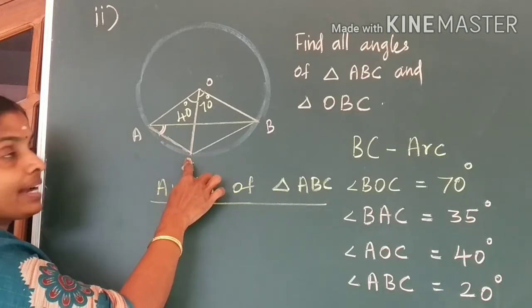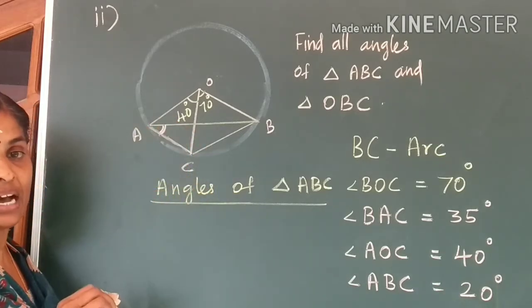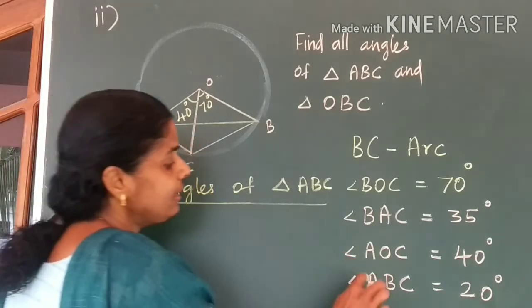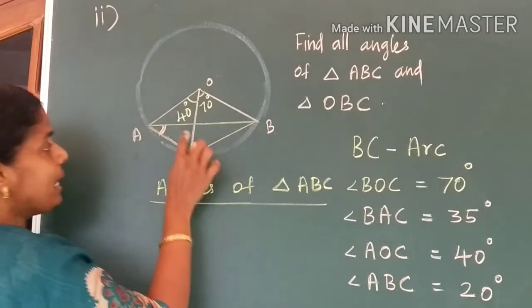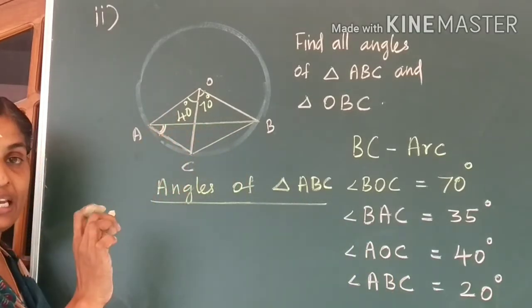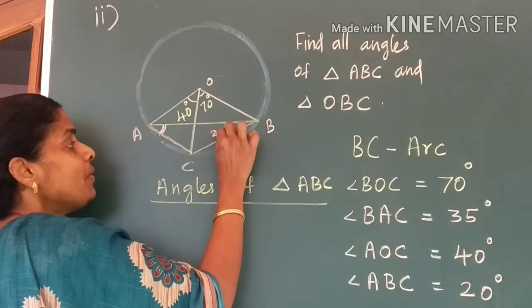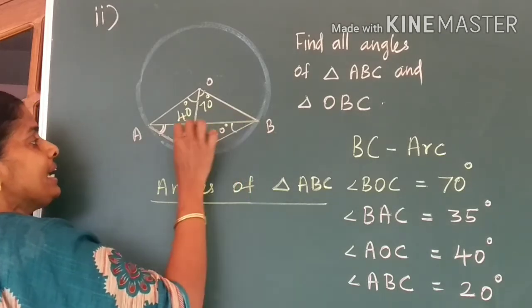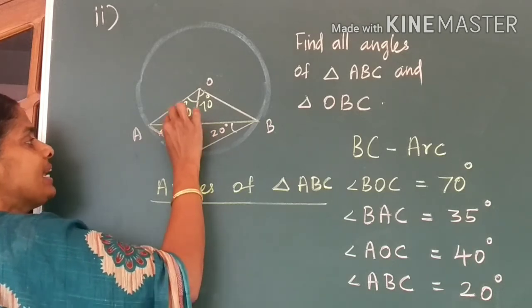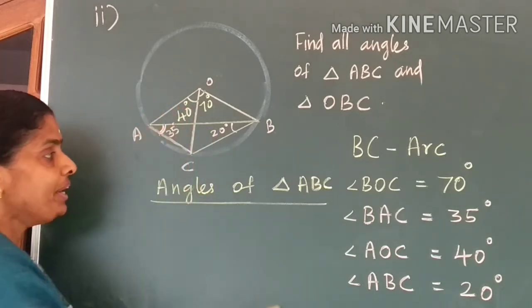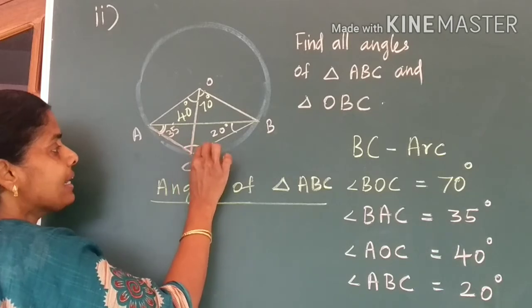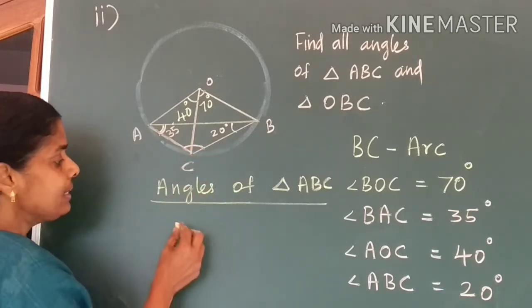It makes an angle in its alternate arc. Therefore, angle ABC would be half of 40 degree, which is equal to 20 degree. So I have marked 20 degree here, 35 degree at this angle. Now we have to find the angle C. So what is angle C?